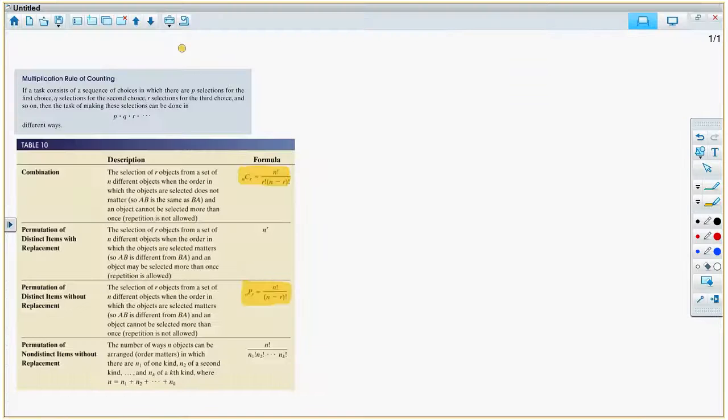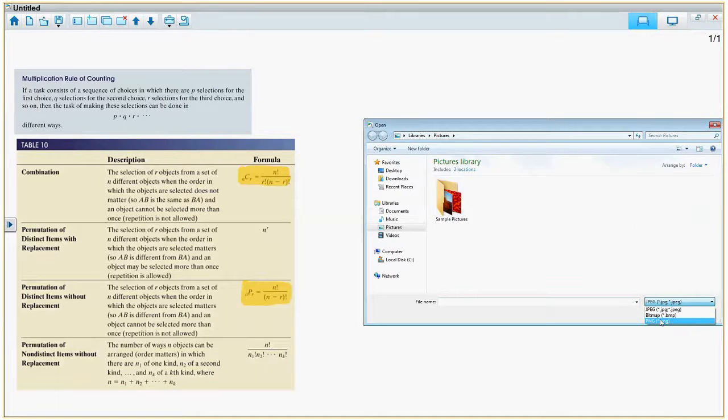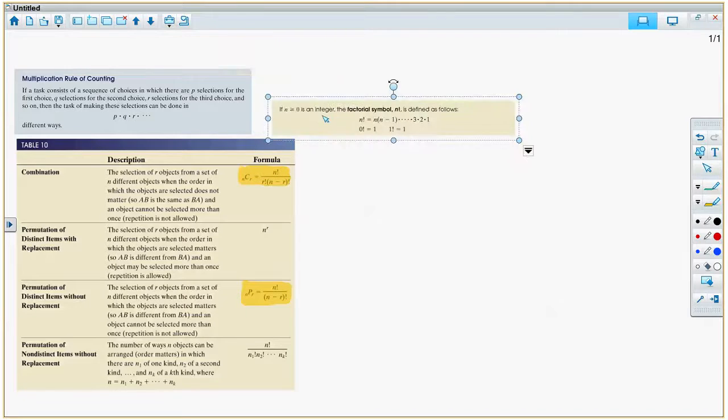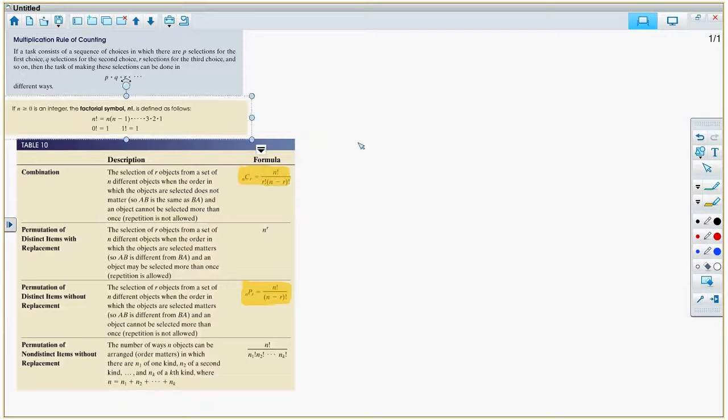Now, pull this in. There's the factorial. Well, there's the 4 rules that you're going to be using in this chapter.